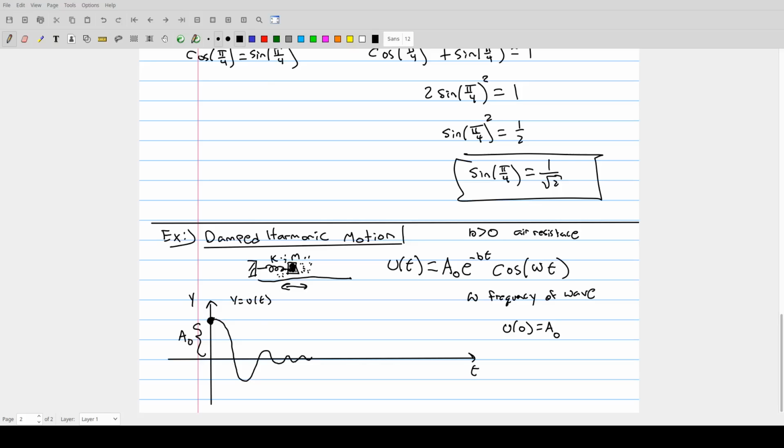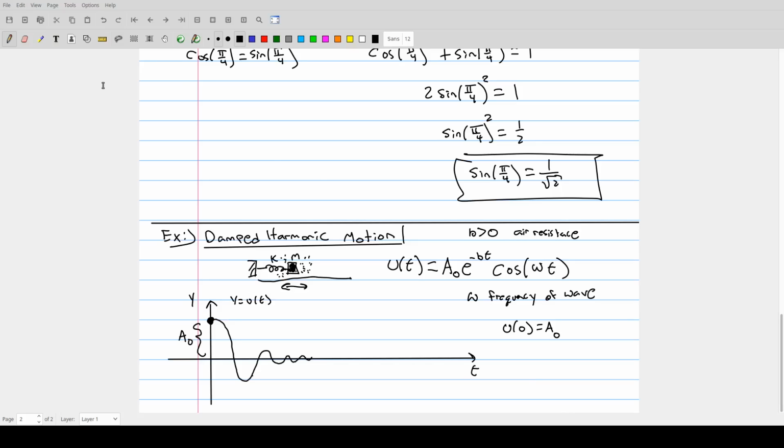And what this means is that u of t, the motion of the mass on the spring back and forth, is oscillatory, but it has smaller and smaller oscillations, or it's being damped. And you can directly see this in Desmos.